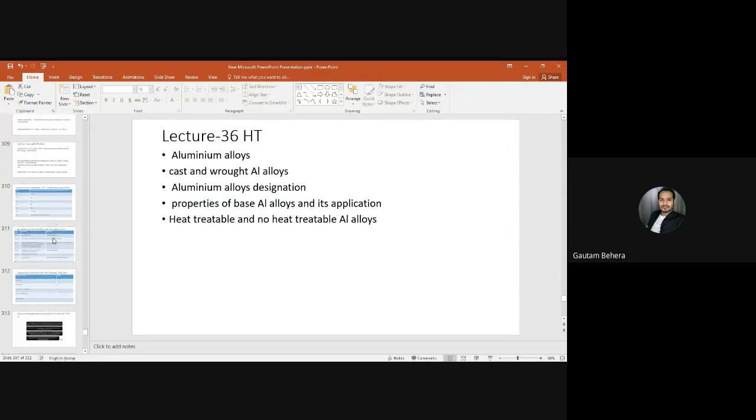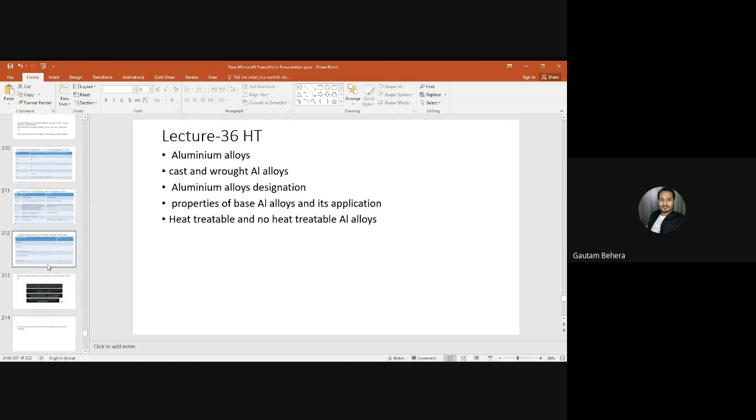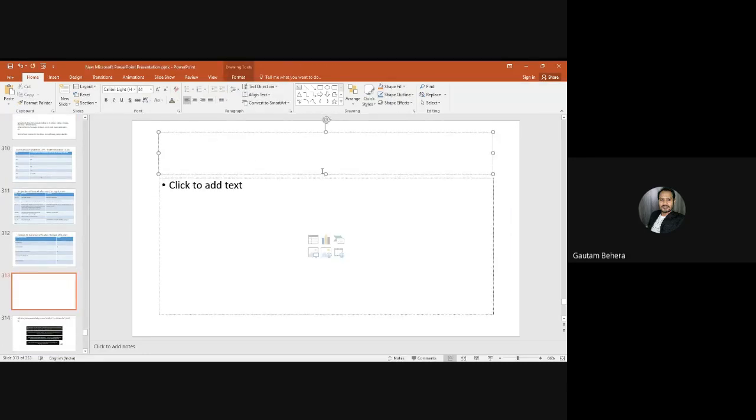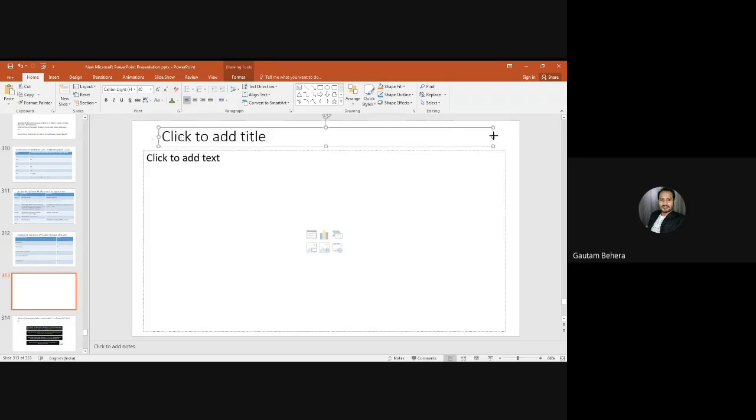So now we'll discuss heat treatable and non-heat treatable. That means we can have aluminum alloys which are heat treatable, and we can have non-heat treatable alloys. Why are we discussing this? Because you need to understand whether they require heat treatment or not. Right?